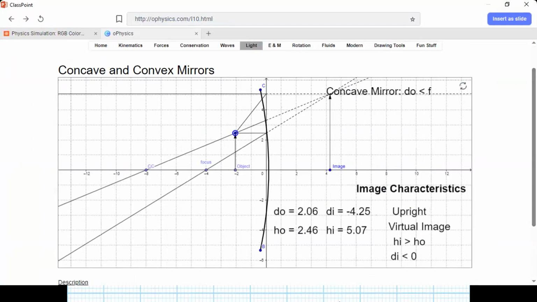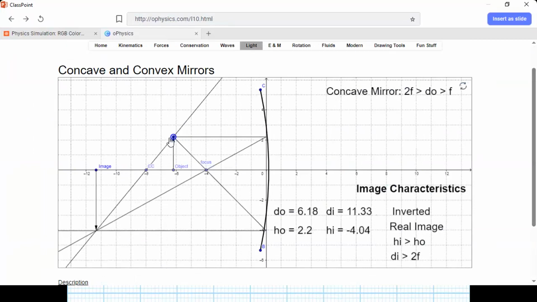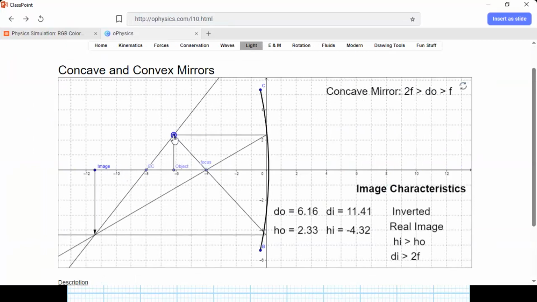This is the focal point, and this is the center of curvature that I explained. So we have a focal point and a center of curvature. I can place the object anywhere that I would like.